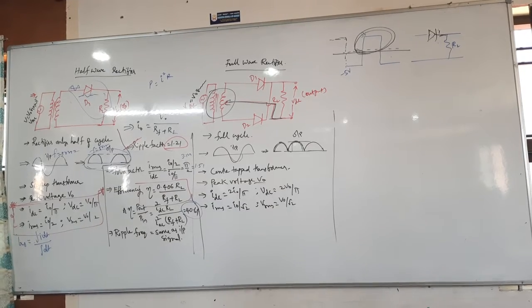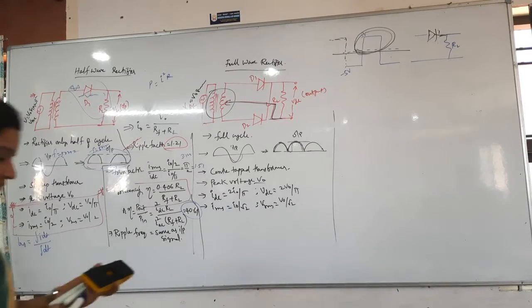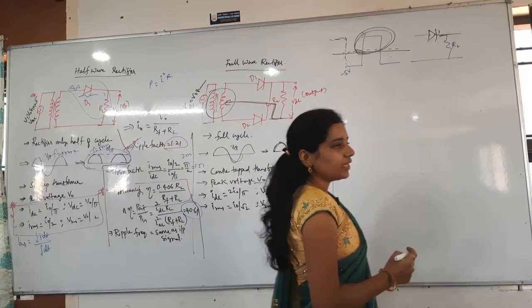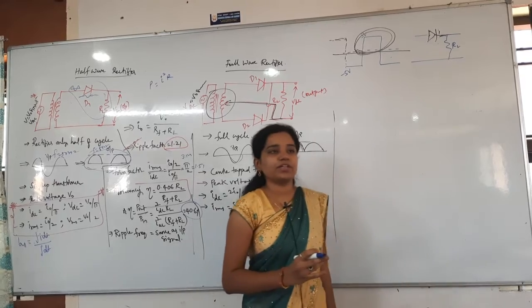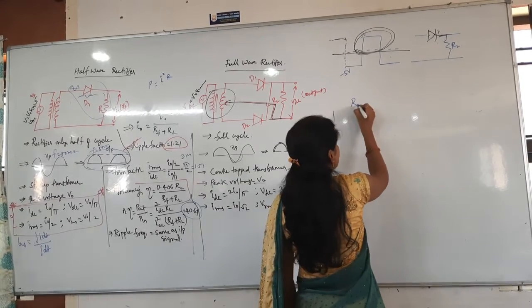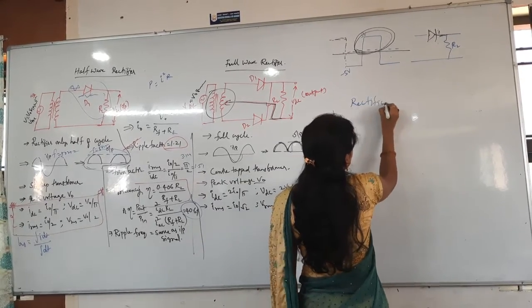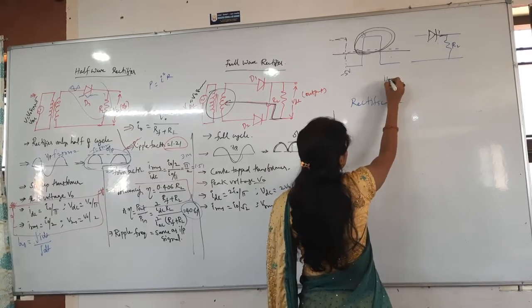Next question, they are asking to calculate the power efficiency. So how much? Anybody got the answer? No, 66.6. So here, first of all, the rectification efficiency. Everybody knows that.